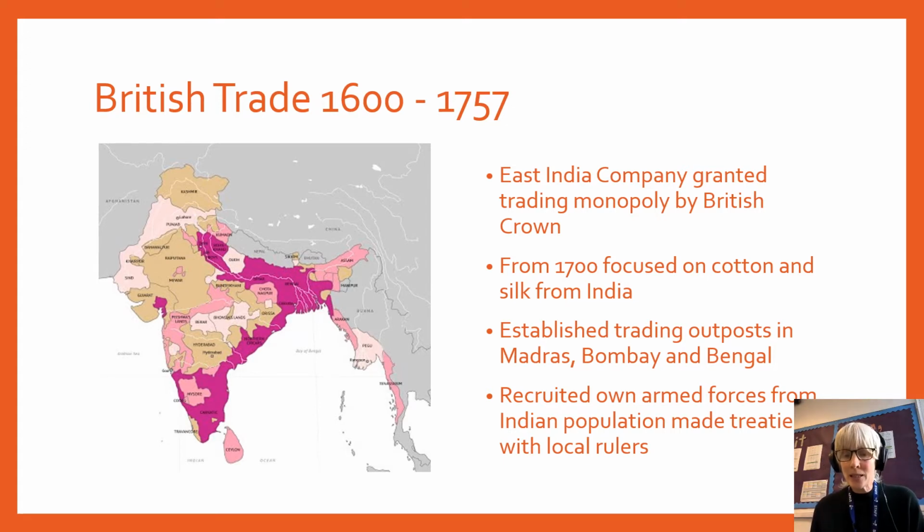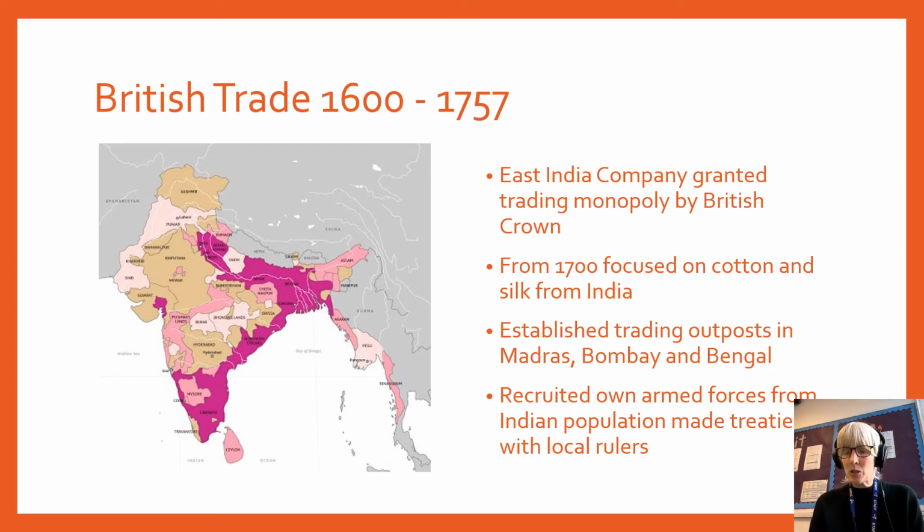The East India Company focused particularly on importing cotton and silk from India, and they established at the very beginning what were called trading outposts on the coast, to the east of India, in cities called at the time Madras, Bombay and Bengal.